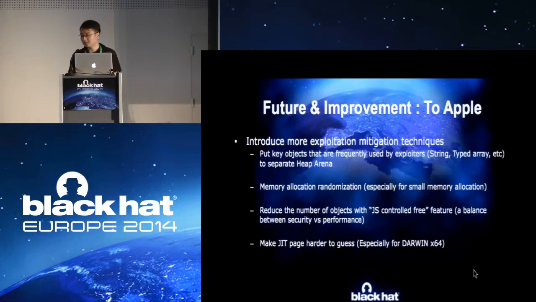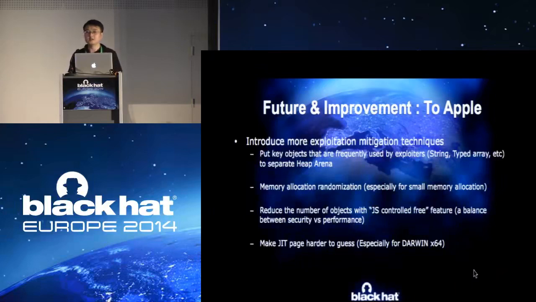Also, because I introduced the JS control free, those objects are quite good, but they may be a tool for the exploiter to craft the memory layout to achieve the heap feng shui, which is really bad. So maybe we can reduce the number of objects with the JS control free feature.